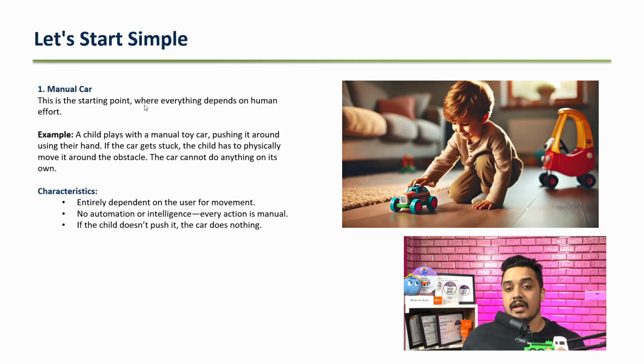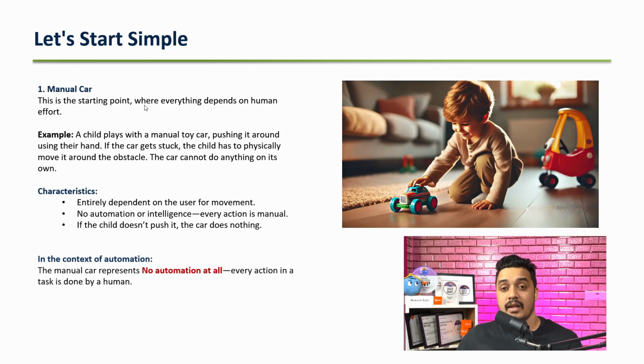So what are the characteristics from this example? If you see here, this is entirely dependent on the user's movement. If I don't push this, if I just keep it here, it's going to stay here. There is no automation. Every action is manual. If the child does not push it, the car does nothing. In the context of automation, the manual car represents a manual task where there is no automation at all.